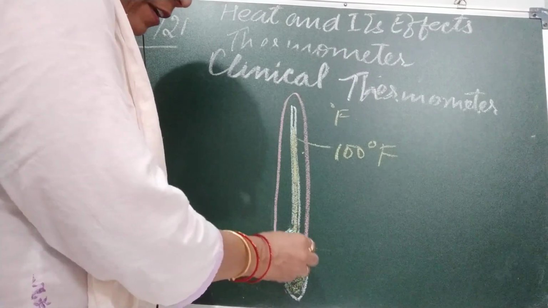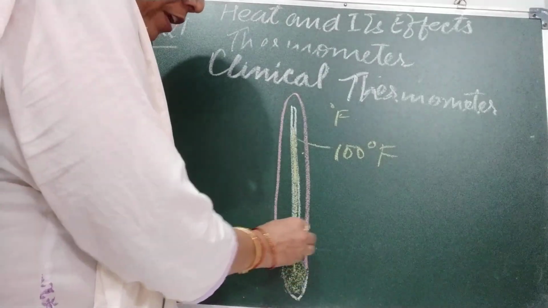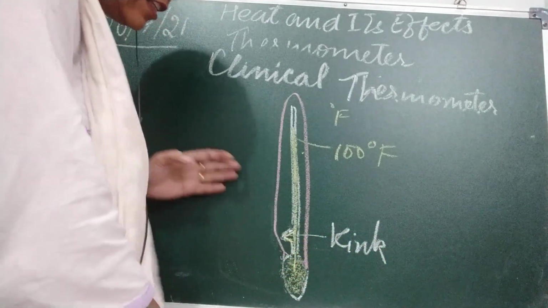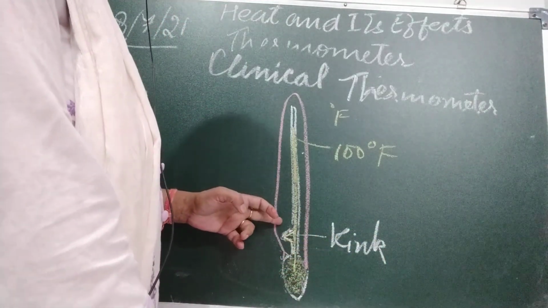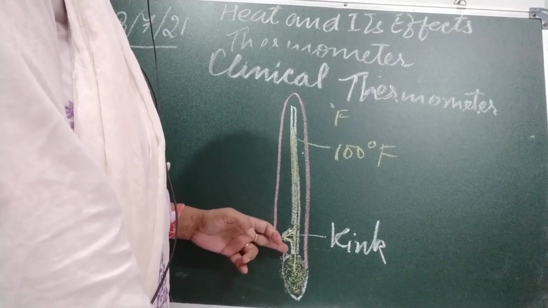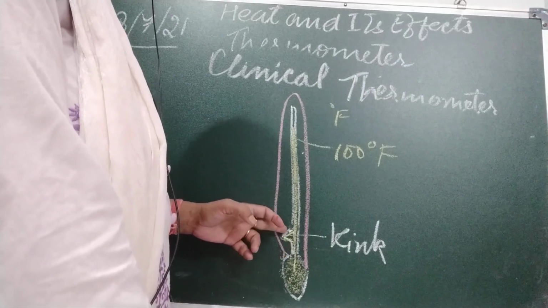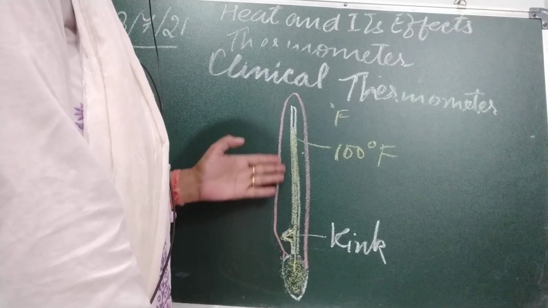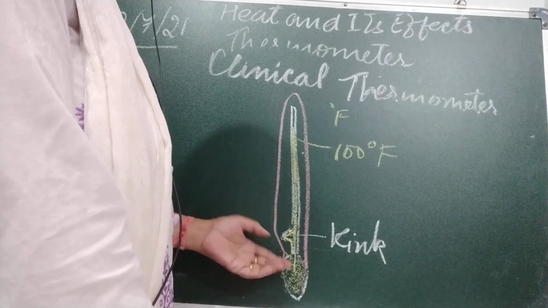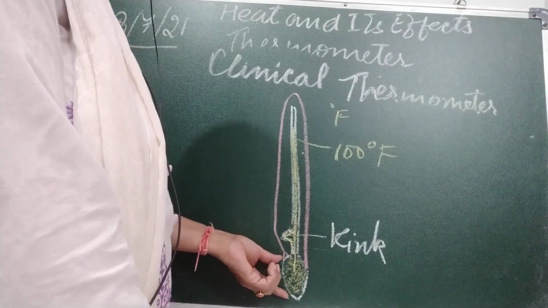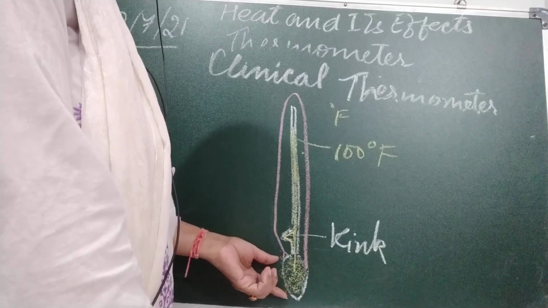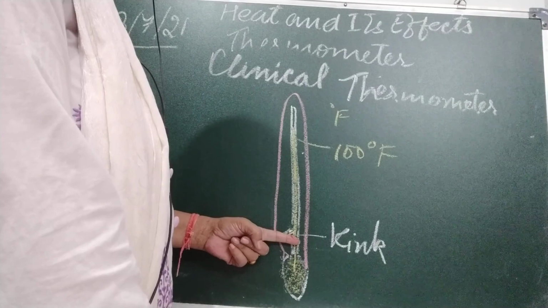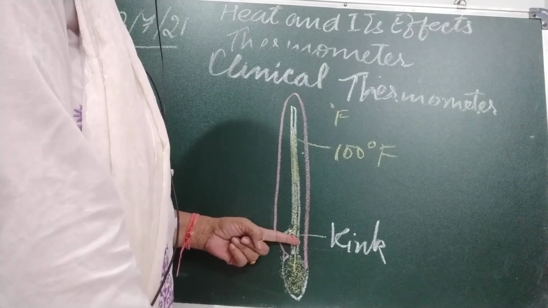This thermometer has a slight bend or kink in the stem just above the bulb. When the thermometer is taken out of our mouth, the liquid in the bulb contracts because of the coolness, and the mercury column breaks at the kink.